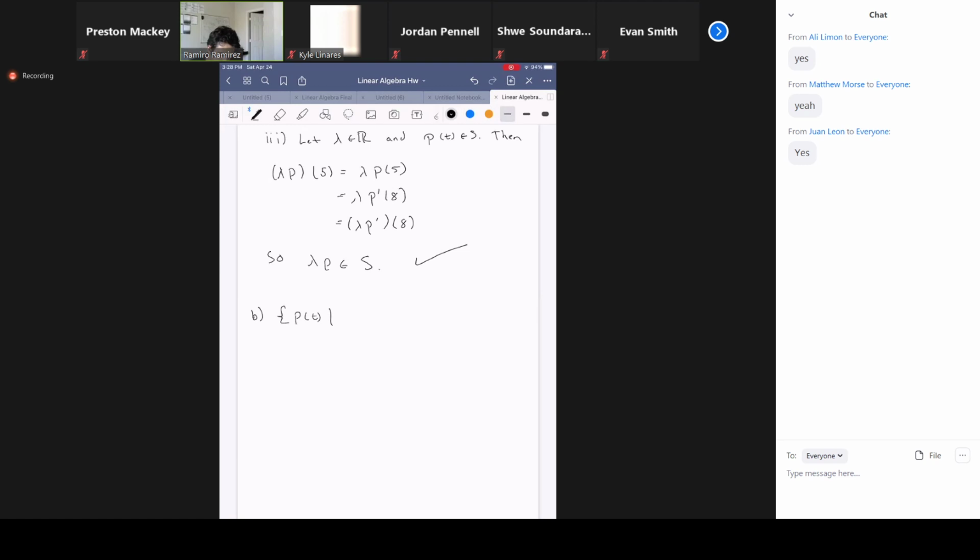P of T such that P prime at T plus 2P of T plus 6 is equal to 0. And say this is S. Okay, first one. Is 0 in here? What do you guys think?